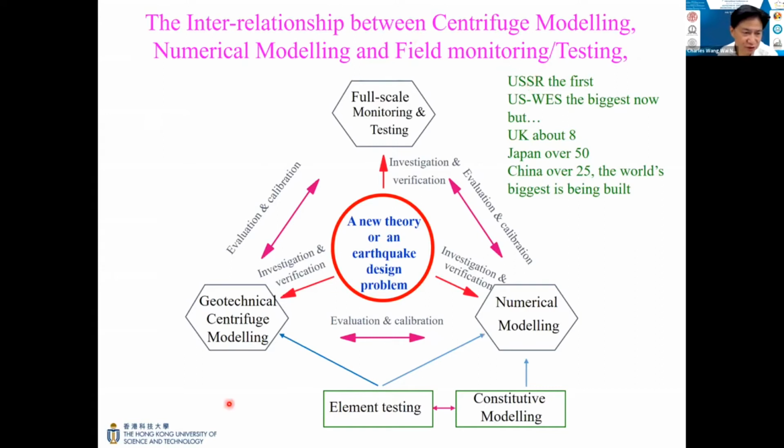So the geotechnical centrifuge is just one of the 3 tools that we use to tackle earthquake design problems or to verify new theory. So today I'm only concentrating on geotechnical centrifuge and numerical modeling here.